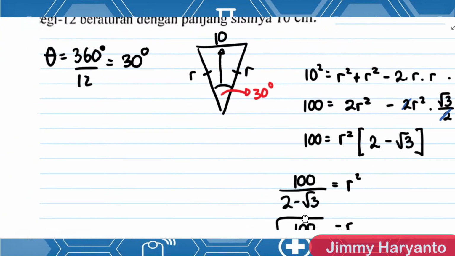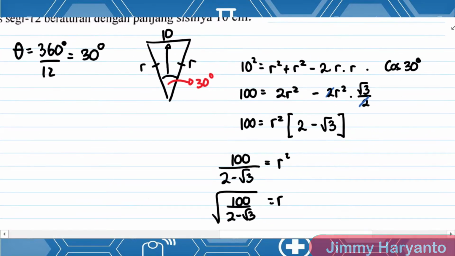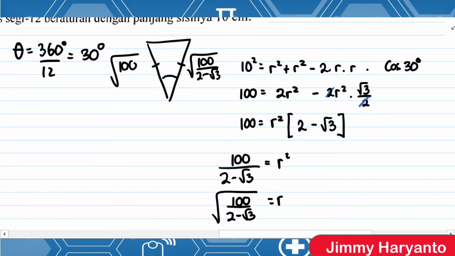So after I get the radius, I will put it right there. So the radius, now I have it. It's the square root of 100 over 2 minus square root of 3. This one is also the square root of 100 over 2 minus square root of 3, and this angle is 30 degree.